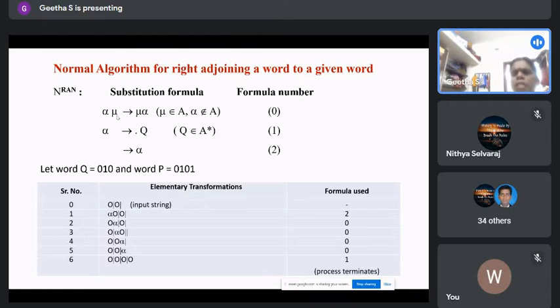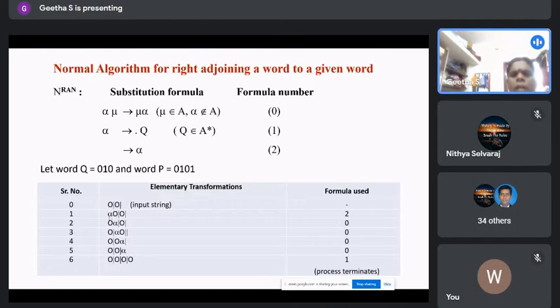What is the use of the substitution formula? Alpha mu implies mu alpha. First of all, alpha and then 0. How will you substitute it? Alpha 0 means we apply the substitution formula to get 0 alpha. In the 0th step, alpha mu equals mu alpha. First we take alpha, and 0 is the mu.